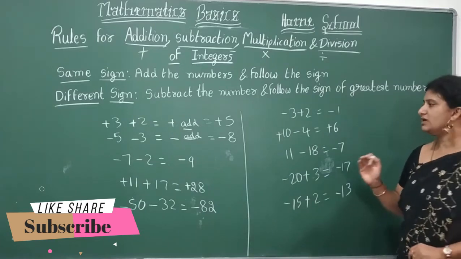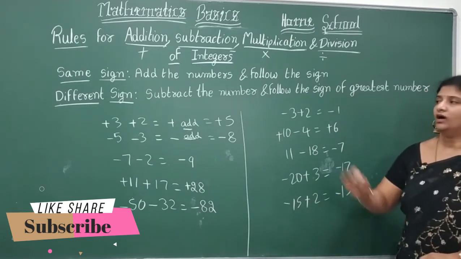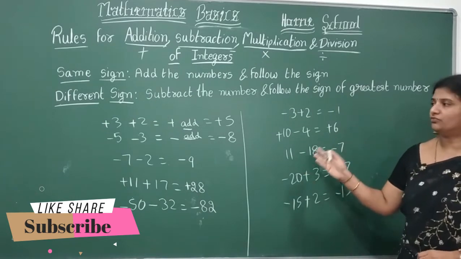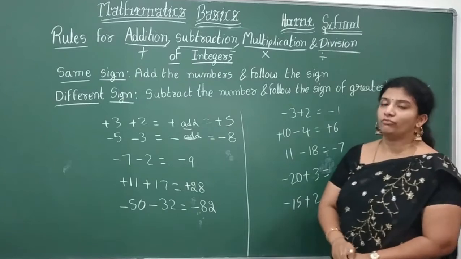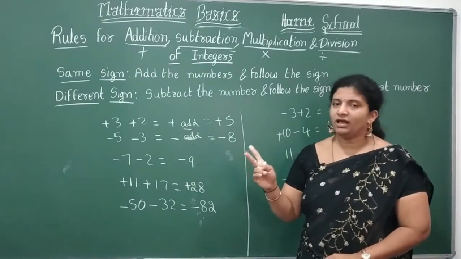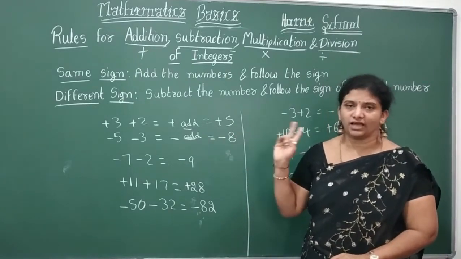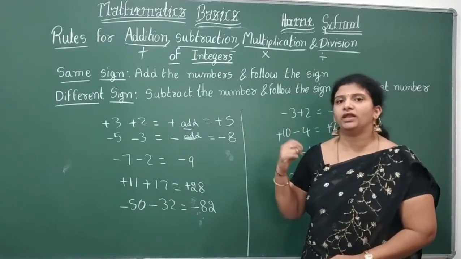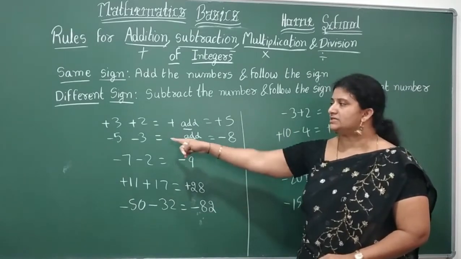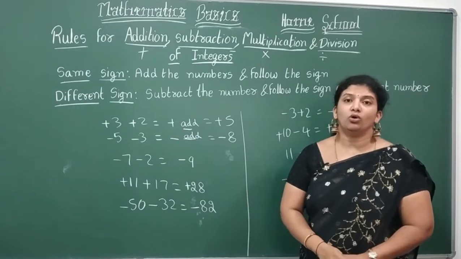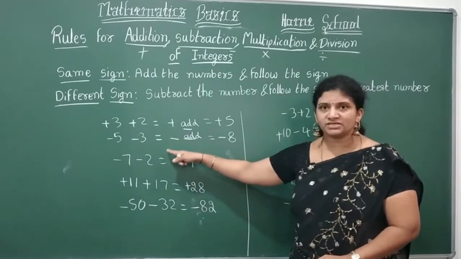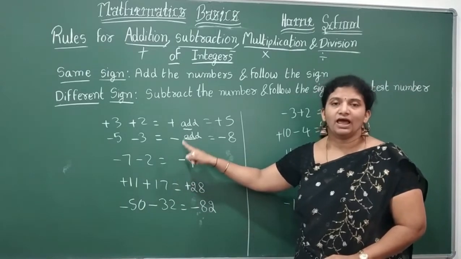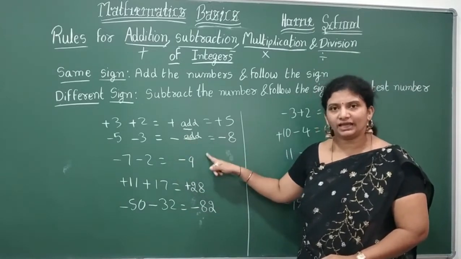Okay. This is the way we do addition and subtraction with the two signs. Once again I repeat, if both signs are the same, add the numbers and take the sign, either positive or negative. With the minus sign, you may feel that you need to subtract. No, not like that. If both the numbers have a negative sign, add the numbers and take the negative sign.